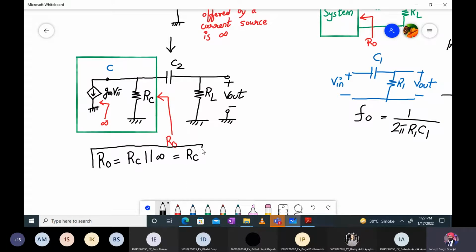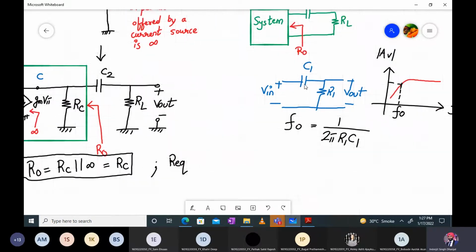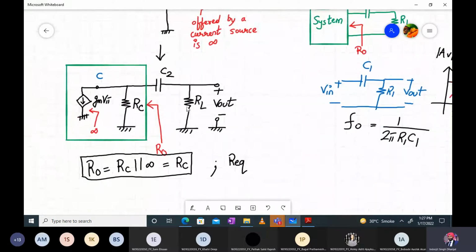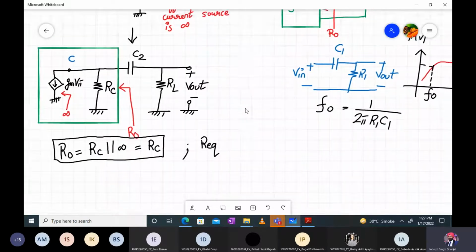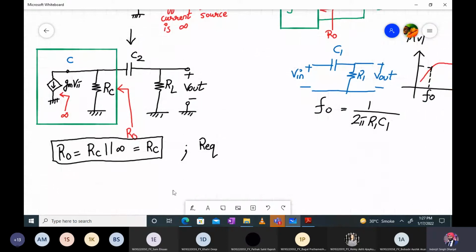But in reality we want the R equivalent value. So what will be the R equivalent value, anyone? What will be the total resistance over here, right? So we don't only have R1, we have one more resistance. So what is on the left hand side of the capacitor? Resistance RC. And what is on the right hand side? RL. So can you tell me what will be the equivalent resistance seen by this capacitor? Actually this capacitor should be CC2.